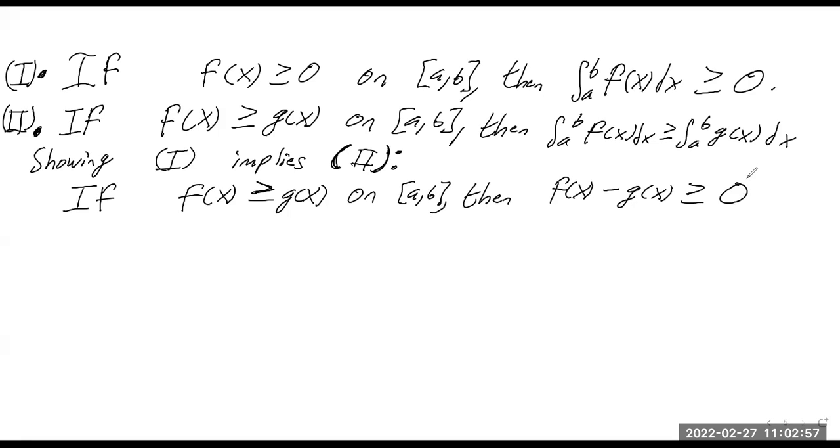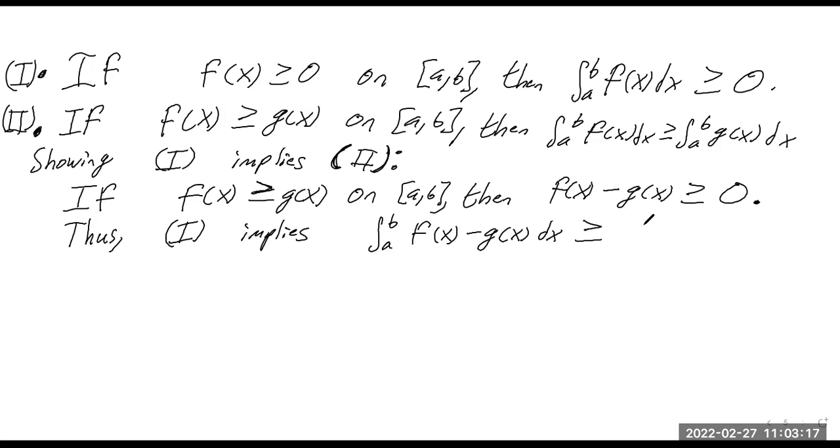So on the right side, we get that this is a positive function. Thus, 1 implies the integral from a to b of f minus g is greater than or equal to 0.